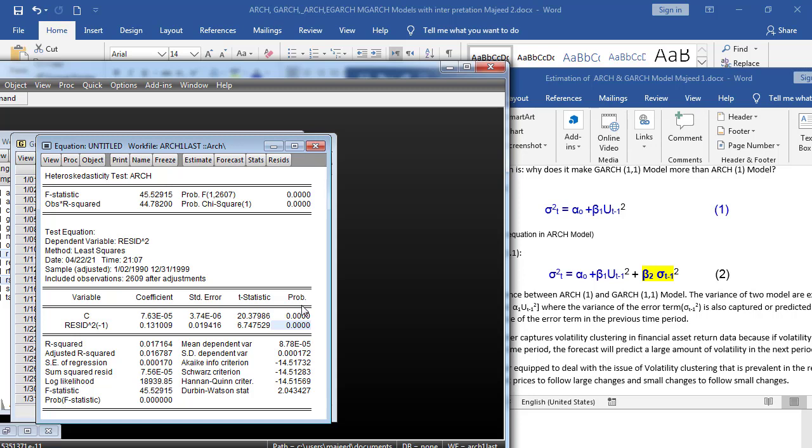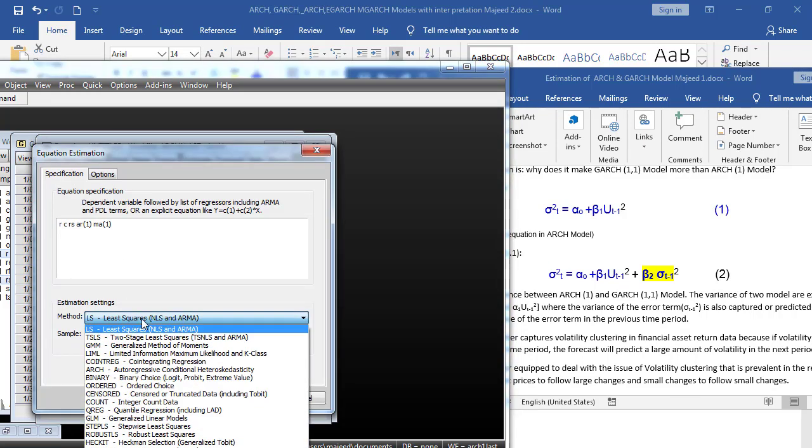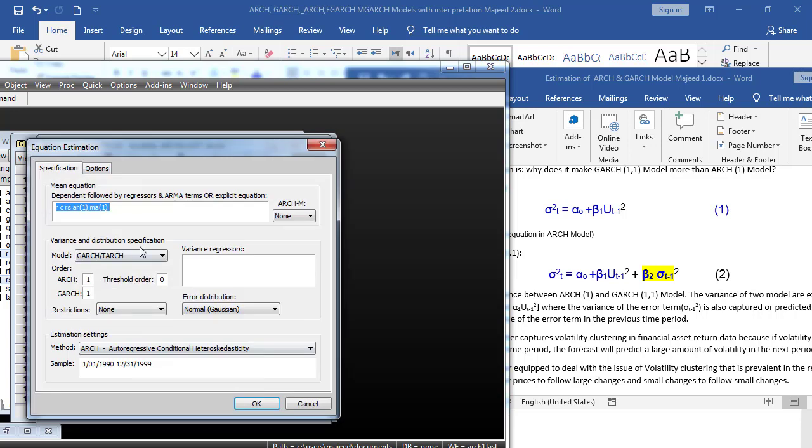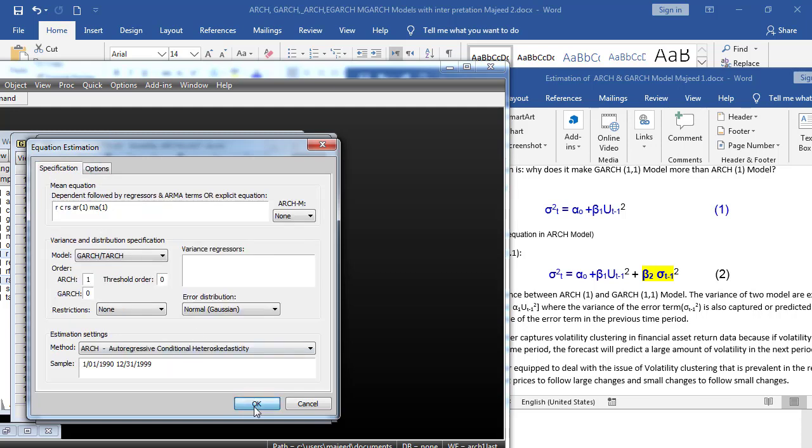We found that the ARCH effect is present in the model, therefore we have to go to the GARCH, but before that we have to run the ARCH model. I'll go to estimate, I'll go to ARCH, then we estimate ARCH, we put 0 instead of 1, and we use the EViews legacy option and leave everything as it is. I'll go to specification, press OK.